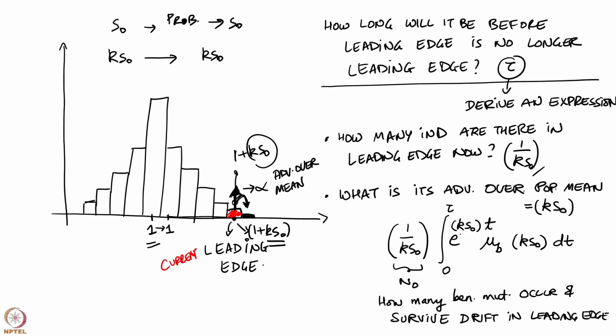This number is going to increase exponentially as e to the Ks naught into T, because Ks naught is the advantage that this leading edge enjoys over the population mean. But I am not interested in the rate at which this frequency is increasing, I am interested in the mutations that are occurring in this leading edge. Hence, I have to multiply with mu b.